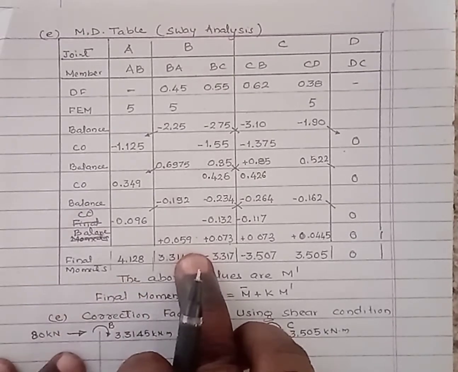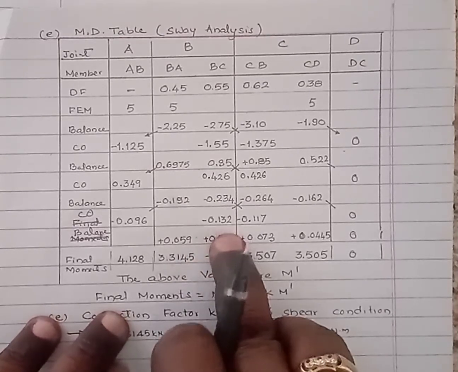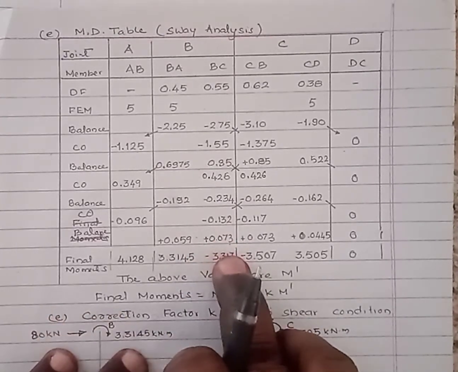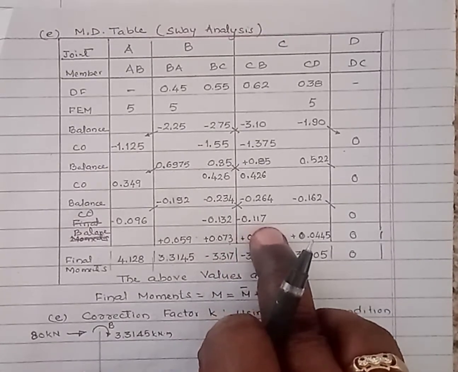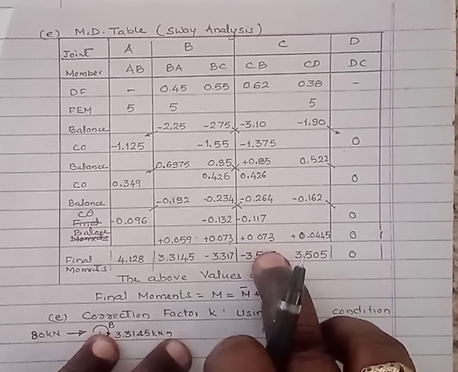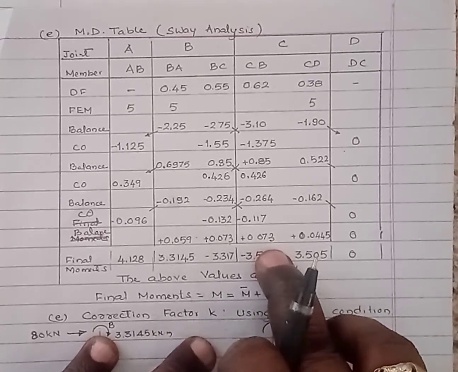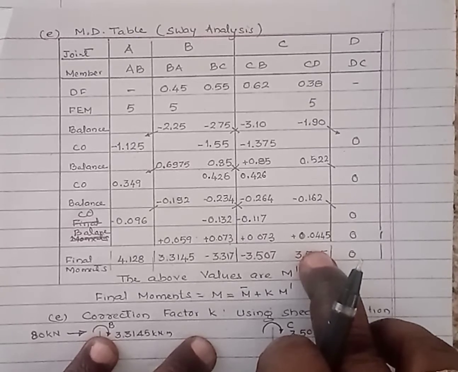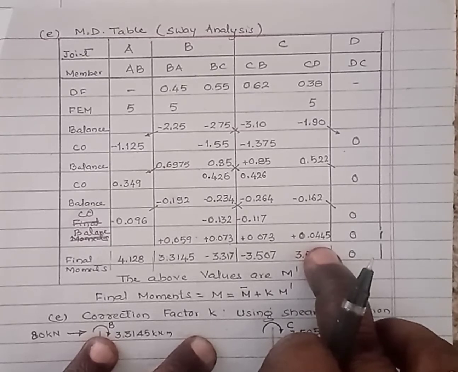Again there is an unbalanced moment of minus 0.132 at joint B, which we have to balance by adding 0.132 into 0.45, that is 0.059 for BA, and 0.132 into 0.55 for BC, that equals 0.073. Minus 0.117 is the unbalanced moment at joint C. We have to balance it by adding plus 0.117 into 0.62, that is 0.073 for CB, plus 0.117 into 0.38, that is plus 0.0445 for CD.